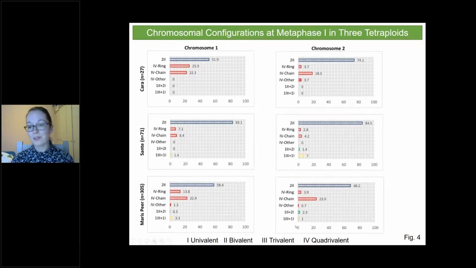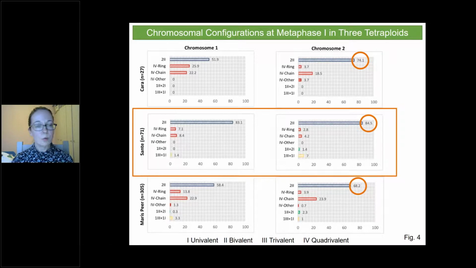And we see the same thing on chromosome 2, which is the smaller chromosome, but in this case you see even more bivalents compared to multivalents, which is to be expected because it's a tiny chromosome compared to chromosome 1, so it's not going to have as many crossovers as chromosome 1, and it's less likely to form these multivalent configurations. But what we also saw is that there's a difference between the varieties in terms of the behavior.